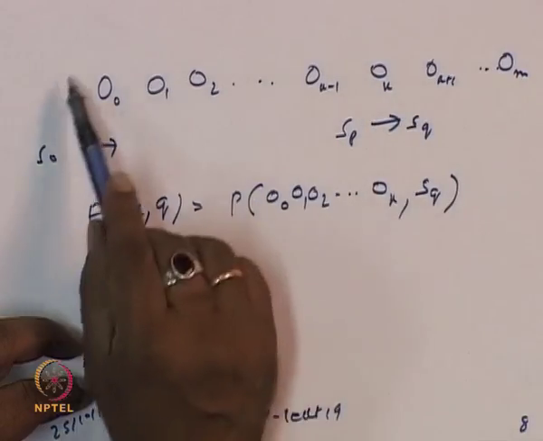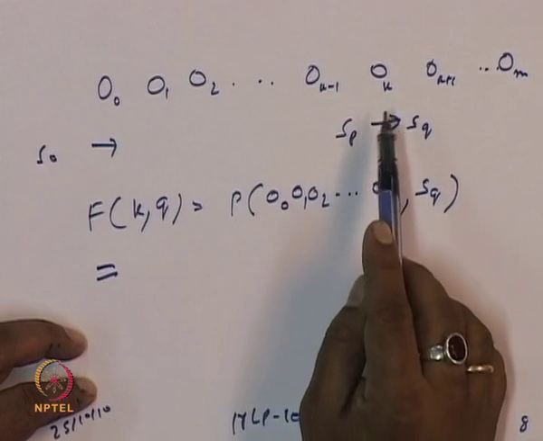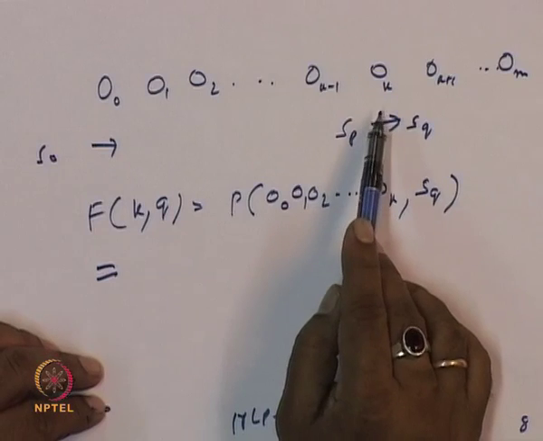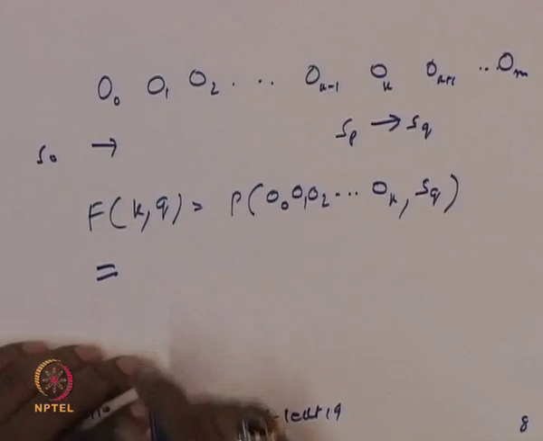This is the sequence on which I am operating, and I am trying to see if I can make use of the subsequences property to compute this probability.